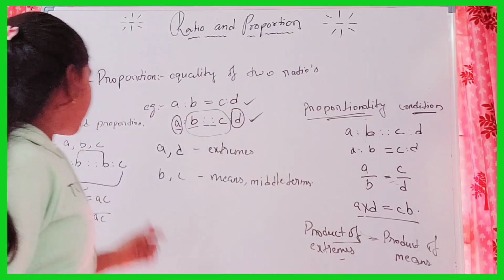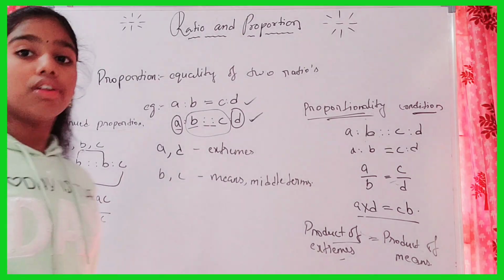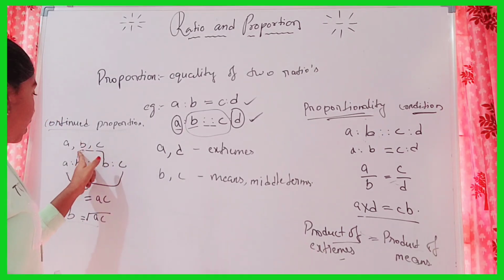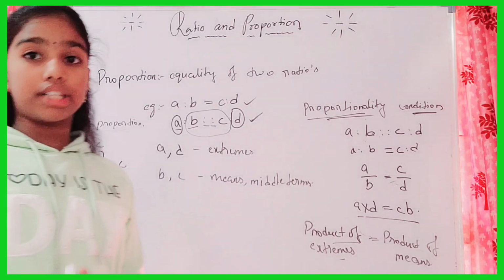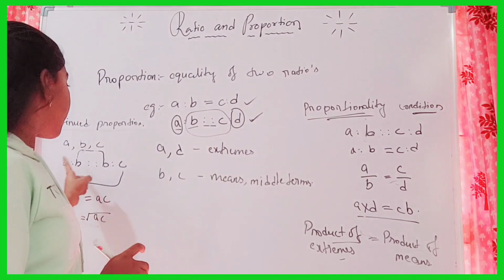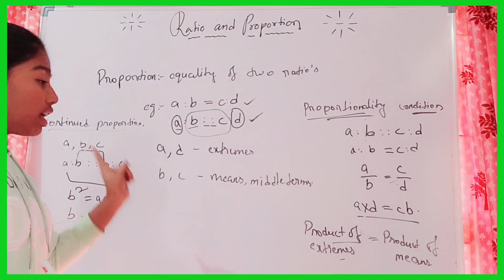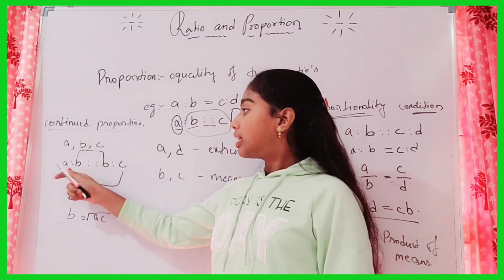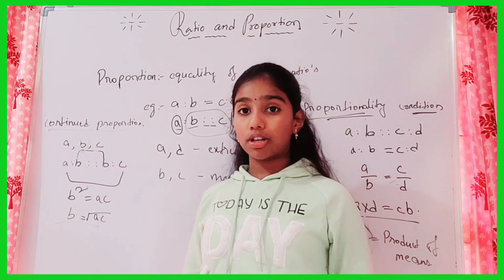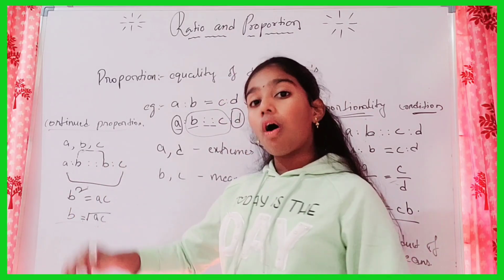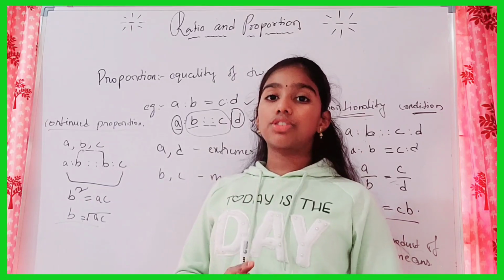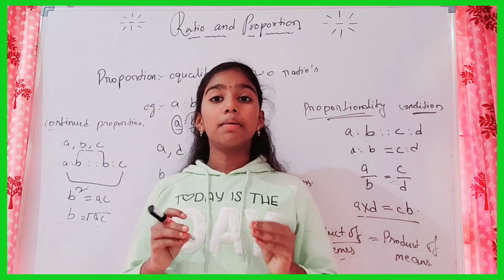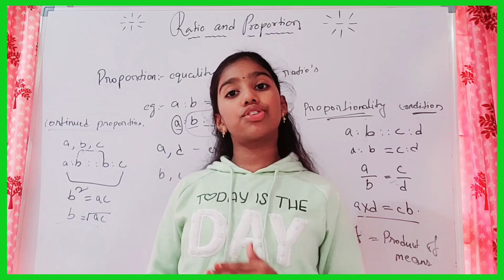Remember one thing. This B is called the mean proportion or the geometric mean, and this C is called the third term proportion of A and B, or the fourth term proportion of A, B, B. Then B is called the mean proportion or the geometric mean.